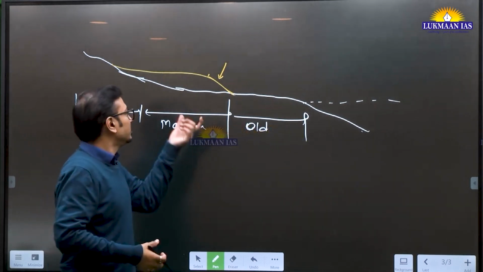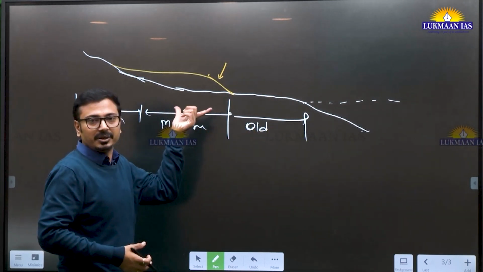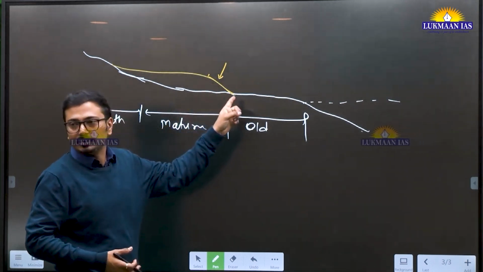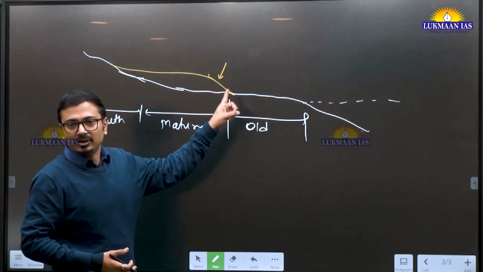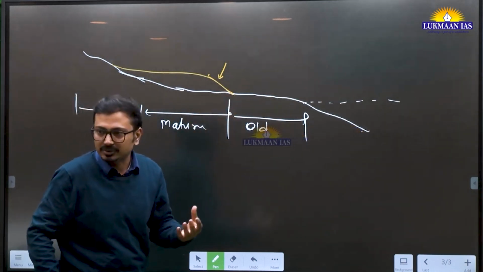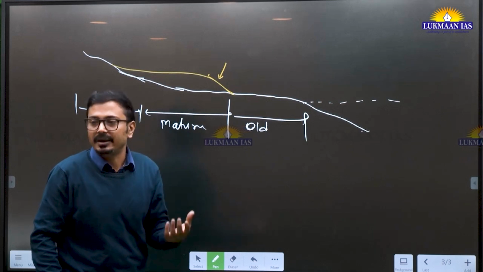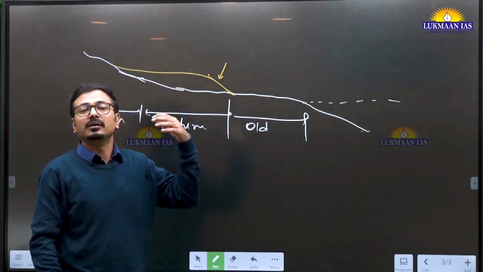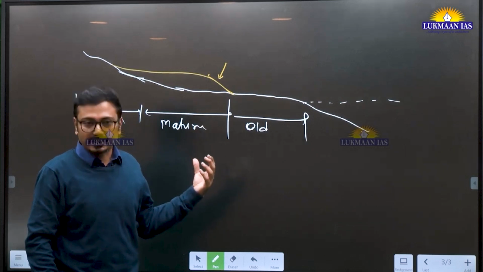Earlier lateral erosion was prominent here because of the mature stage. So suddenly there is now vertical erosion. In such places we see unique landforms like entrenched meanders or incised meanders, or the paired or unpaired terraces.